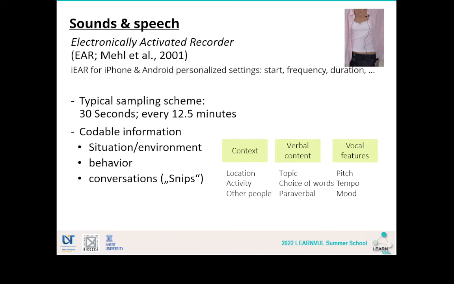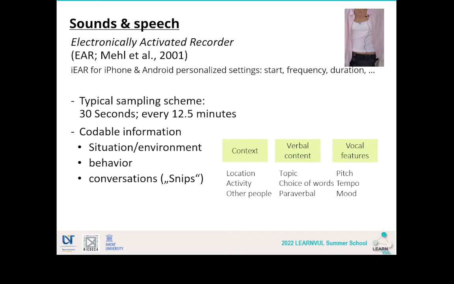The other thing that you can measure are sounds and speech. So it gives you information about the context, so location, activity, whether I am with other people or not, whether I'm talking or not, whether there is a lot of noise or it's quiet, or whether you can hear waves or not.